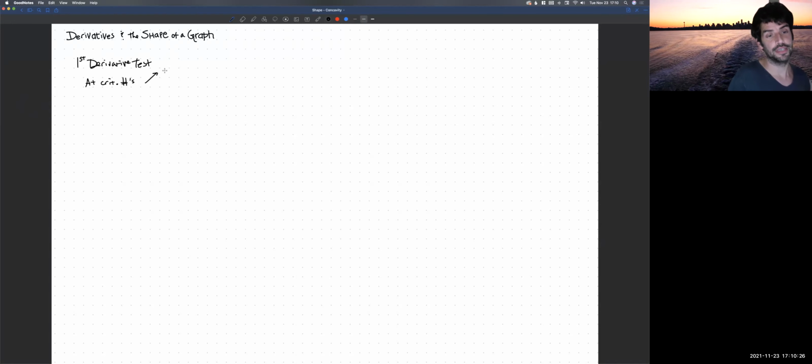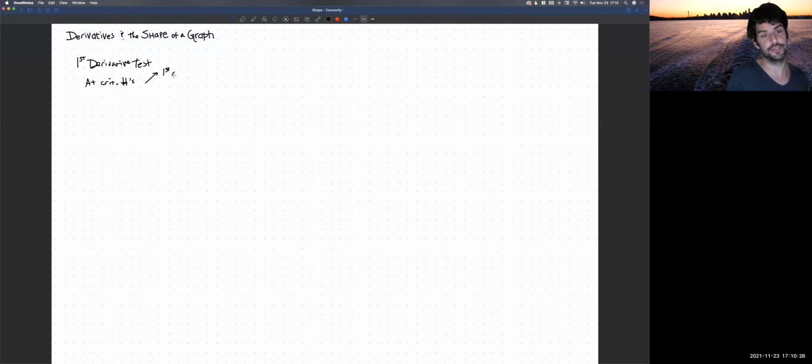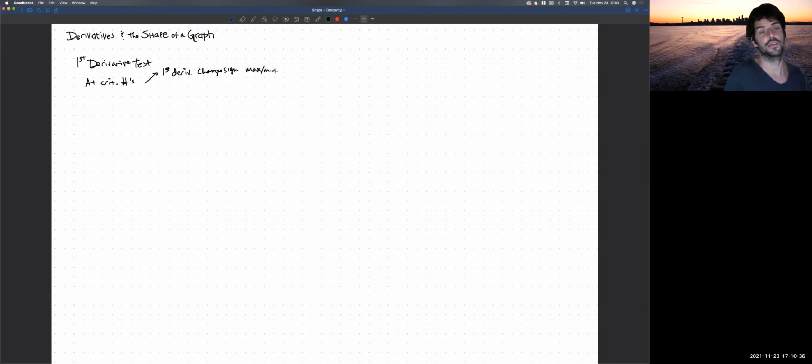If the first derivative changes sign, then we have a max or a min. And if the first derivative doesn't change sign, I'll just put no change, then we have no max or min.